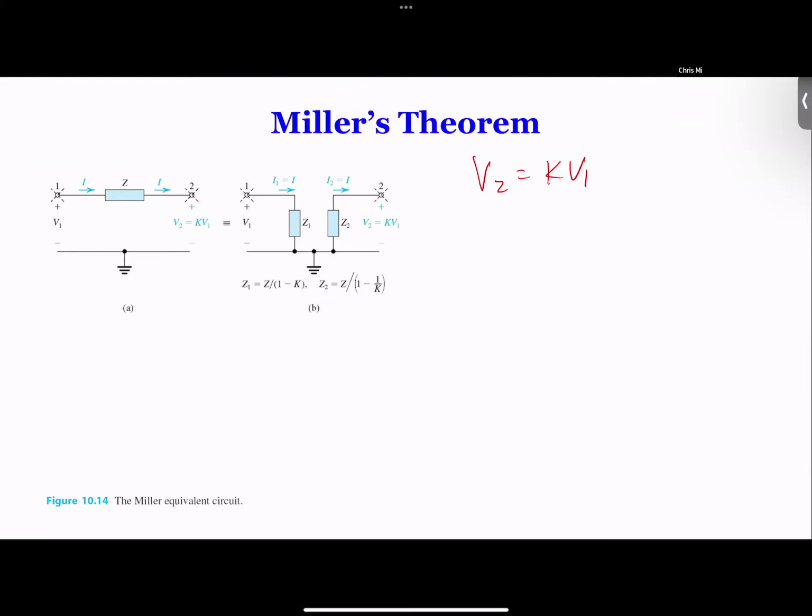When you do a circuit transformation, there's one thing you have to be careful about: the power has to be constant. You cannot change it. If you change the power, the circuit loses its meaning. You have to keep the power.